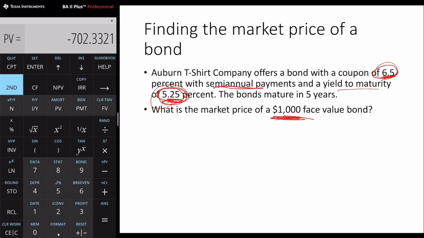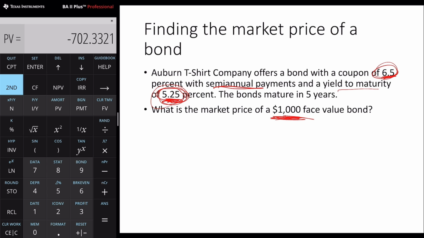Does that make sense? So in a market where yields are 5.25% and I have a 6.5% bond, that's a good thing, right? I can easily sell that, but I'm going to increase the price such that the yield equals 5.25%. All right, I hope that makes sense.